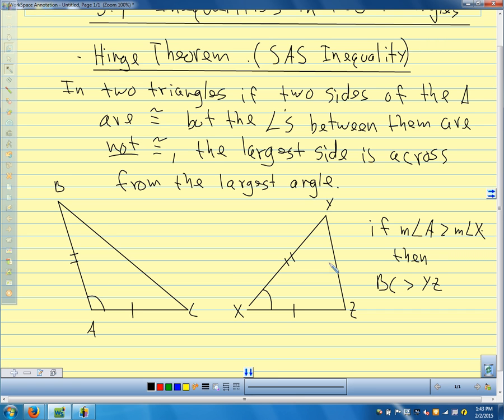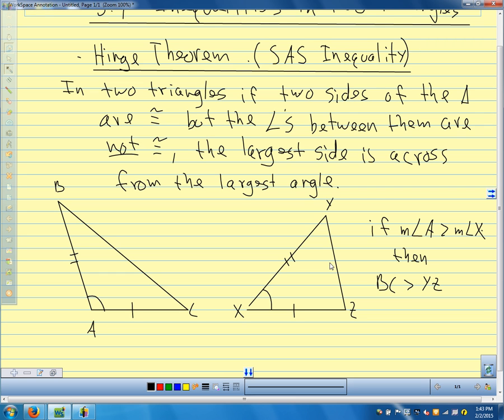It's like a door on a hinge. The door and the door frame are the same size, but if the door is open further, then we can get more stuff through the door. If the door is closed more, then it's not open very much, and we can't fit much through there. You can also think of the hands of a clock.